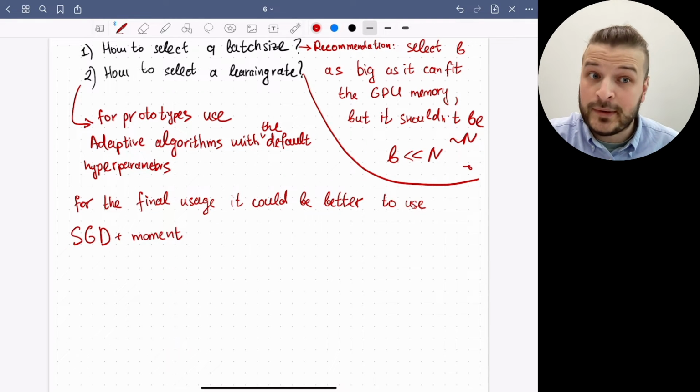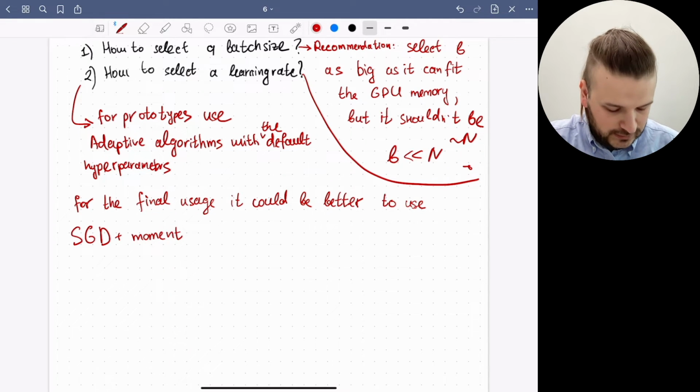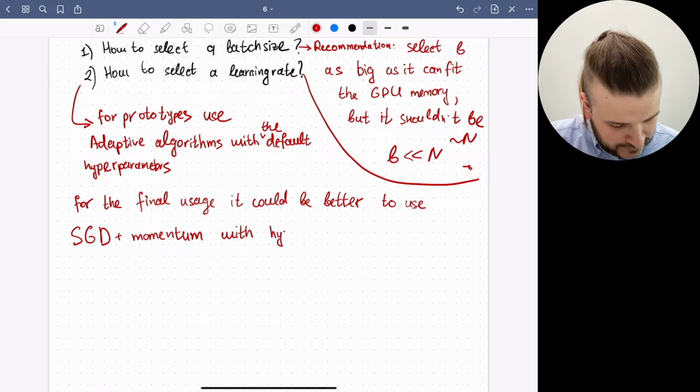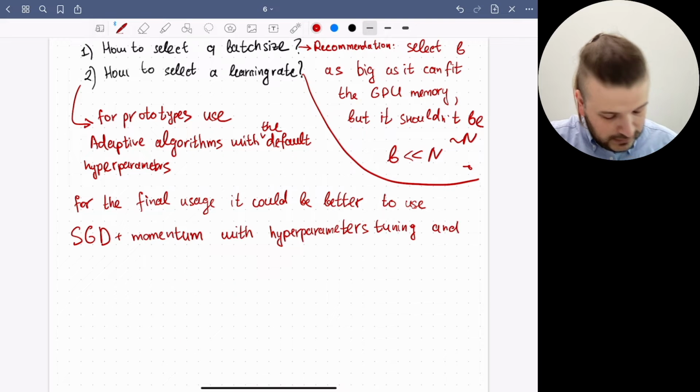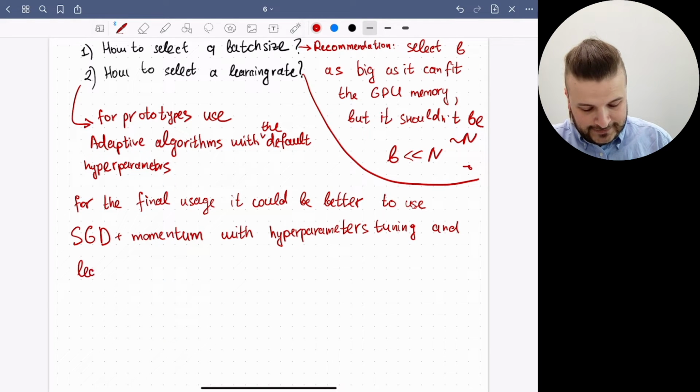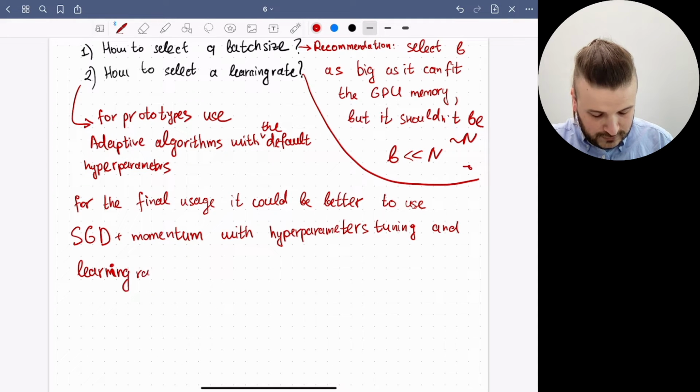We'll describe what momentum is a little bit later, with hyperparameters tuning and learning rate scheduling, or schedulers.